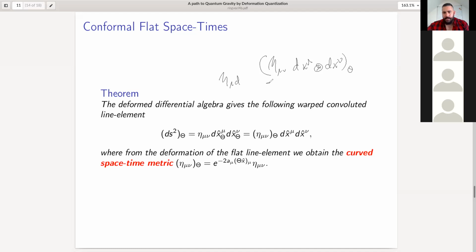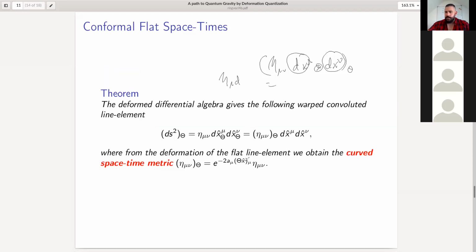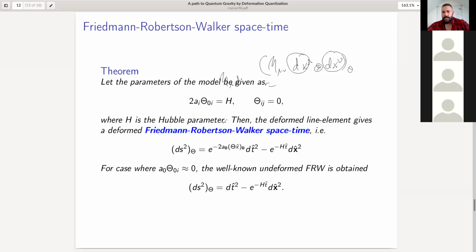Since eta is just a one, the deformation doesn't see it; I deform the differentials, and whatever outcome I have out of these differentials, I pull to this eta. Basically I went from flat to a curved spacetime metric, where the metric is a conformal one. This is what one calls a conformally flat spacetime.